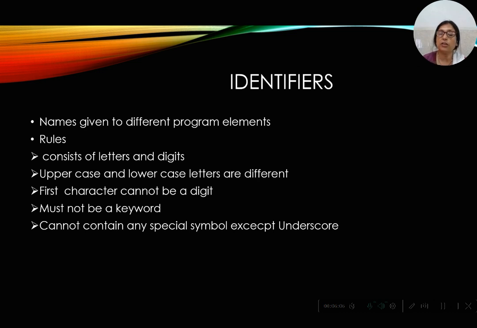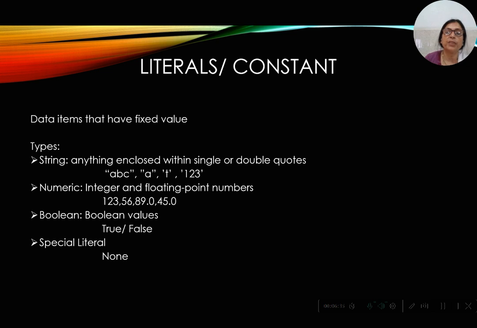The next one is that it should not be a keyword, and the last one is that it cannot contain any special symbol except underscore. We can include the underscore in the identifier names. The underscore can be the first character too, so we accept underscore as a letter too. That's about our identifiers.